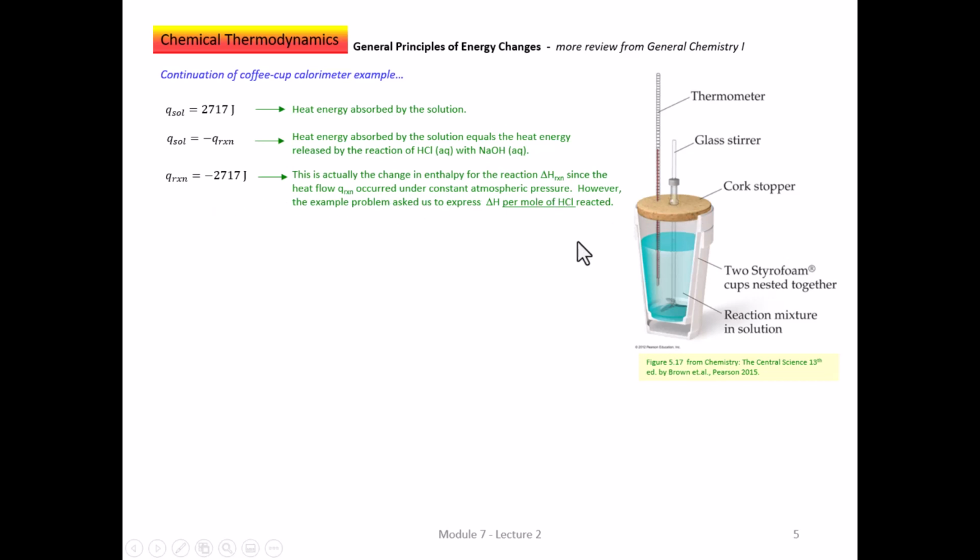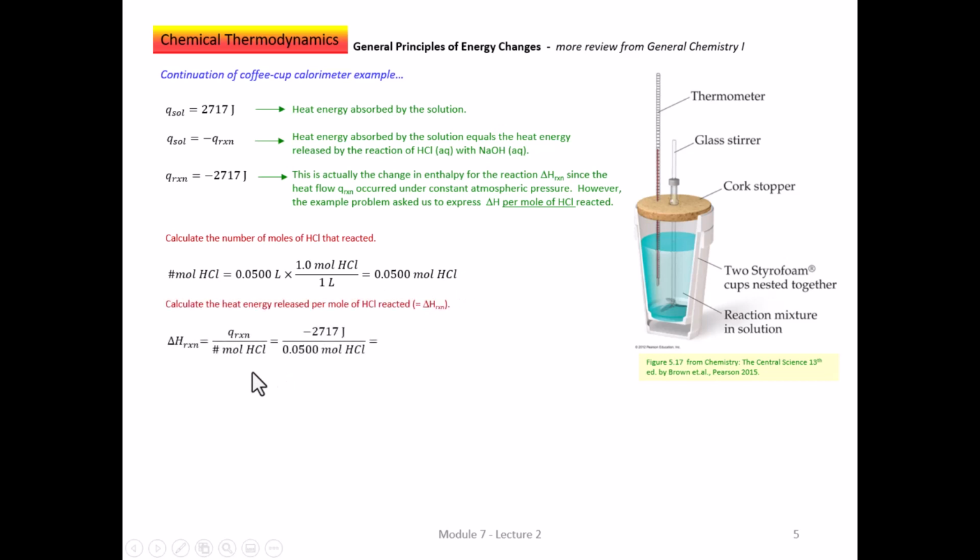But again, like the previous problem we did where we calculated delta E, we wanted delta H per mole of HCl, and we did not react a mole of HCl, so we need to make an adjustment. What we can do is just simply calculate the number of moles of HCl that reacted. Remember, we can do that by taking the volume of HCl used times its concentration, and that's how many moles of HCl reacted.